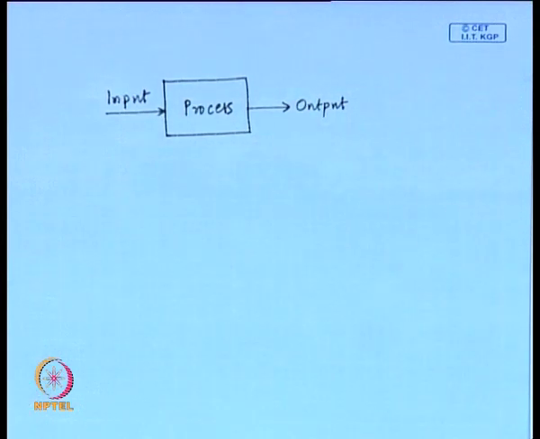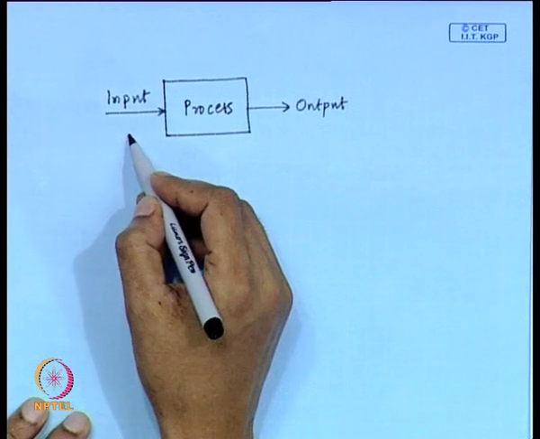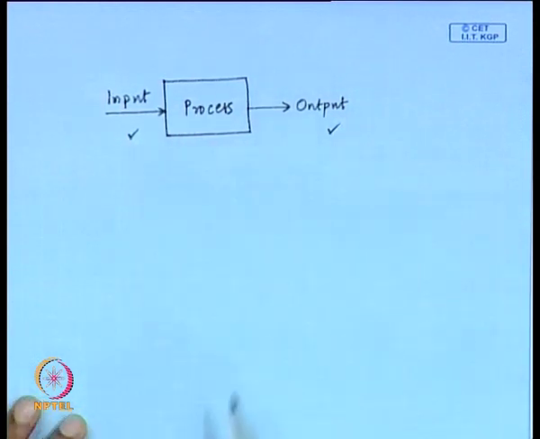Suppose initially the process is at steady state. We want to investigate the transient behavior of this process, to observe its dynamics. How can we observe that? By the use of a simulator. We have to introduce some change in the input variable, and then we will get some change in the output variable. That is basically the transient behavior, or the dynamic characteristics, of a process.